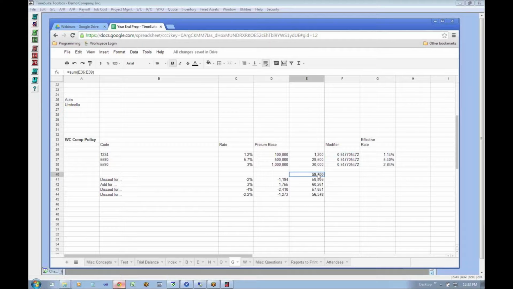So we take this number and divide it by this number, and it gives us a modifier. So with all these discounts, we end up with a 0.494 modifier. So you take your, we'll do this, 56,578, and we divide it by 59,700, and that gives us our modifier.